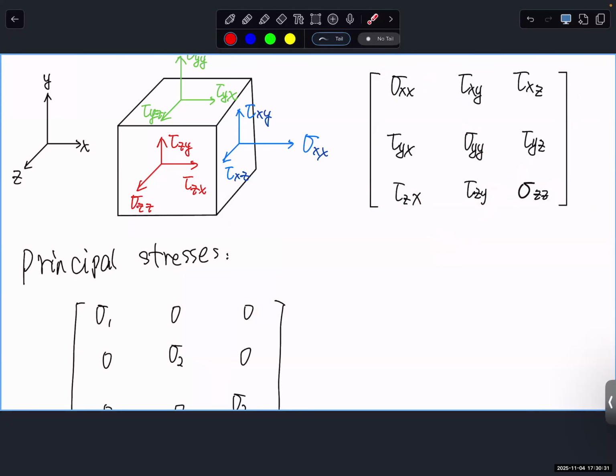And now for the principal stress, the basic idea is that, let's say, this is the global X, Y, Z coordinate. There may be a specific plane not aligned with the global coordinates. Maybe you rotate the cube, and then in some certain orientation, all the shear stress disappears, and only the normal stress exists. In that situation, it becomes the principal stress.